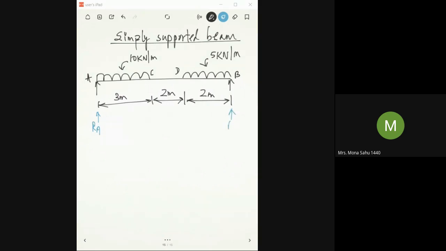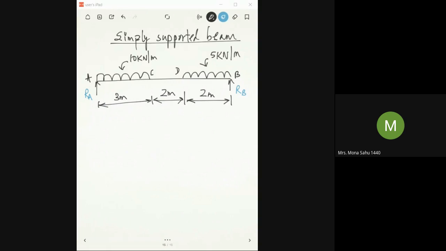And RB. Okay, I'll just write it here. All right, so we'll just do two problems on this and then we'll go ahead with overhanging beam. All right, so how do you calculate the reaction forces? First, you need to calculate what is RA and RB.